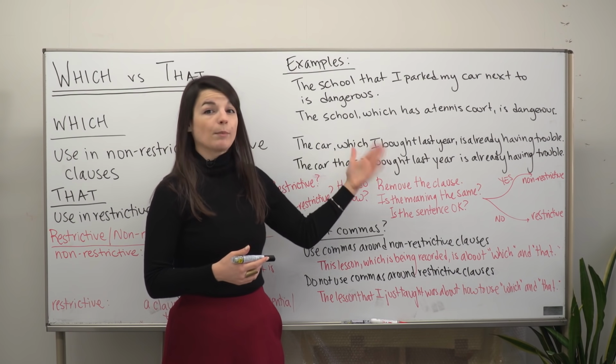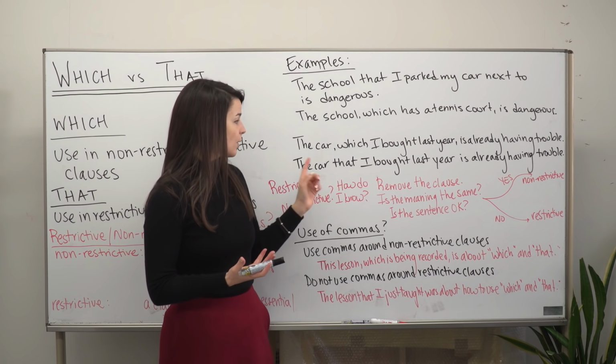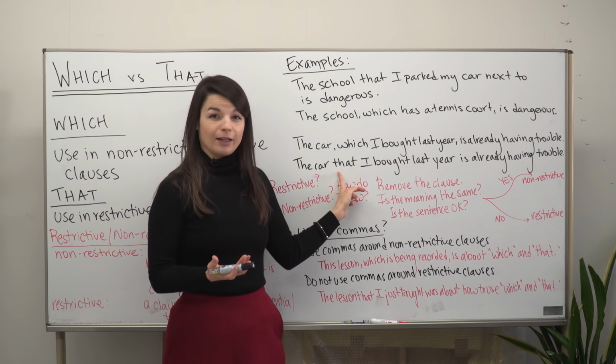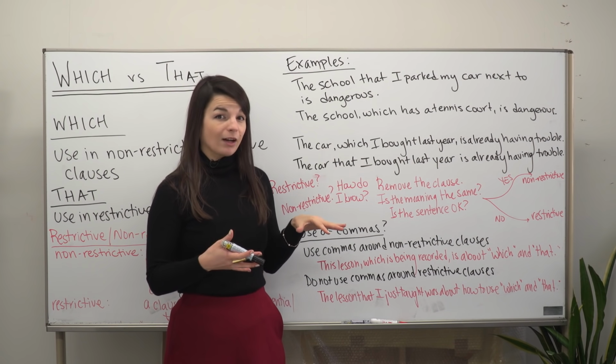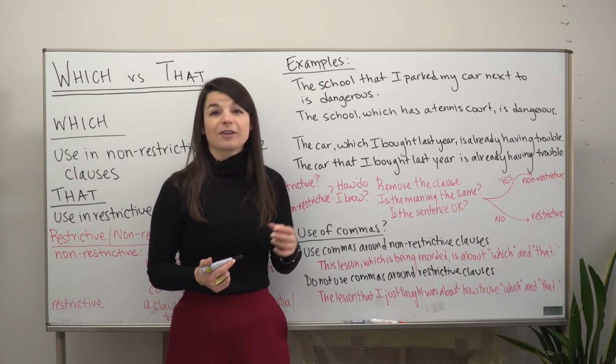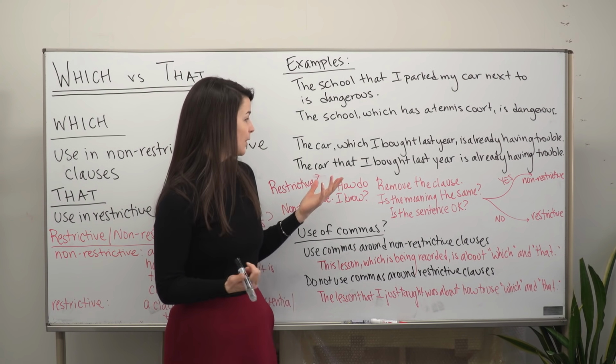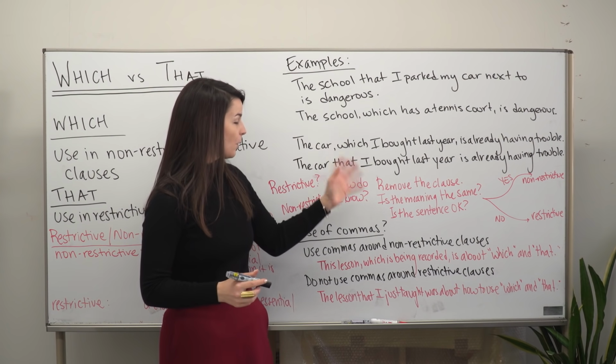The car, which I bought last year, is just extra information. So the speaker may or may not have another car. We don't know. So that's all I want to say about that.